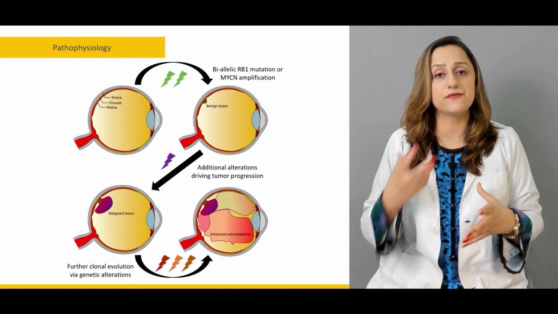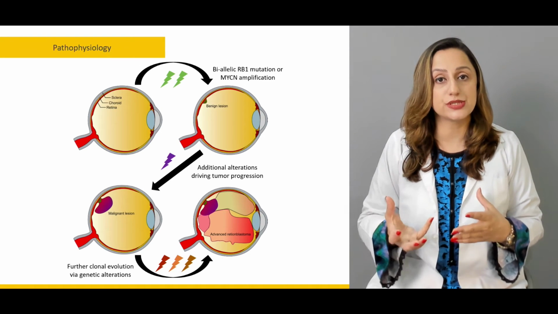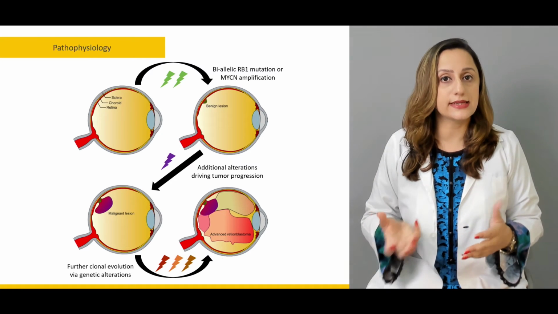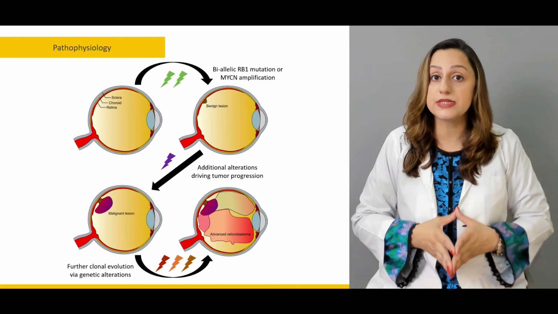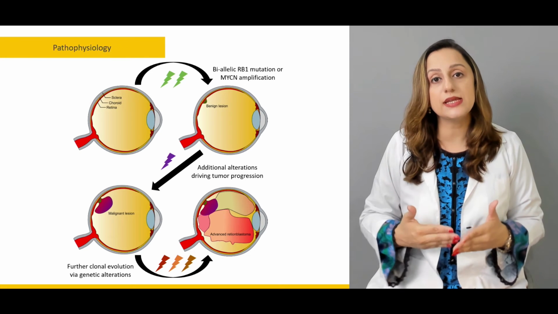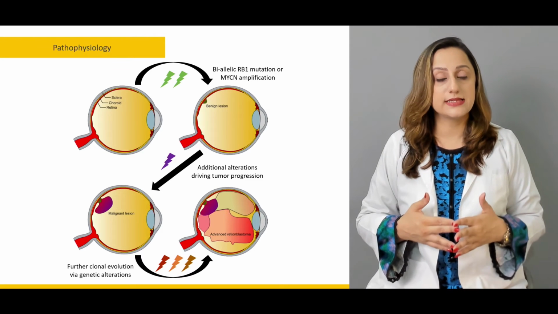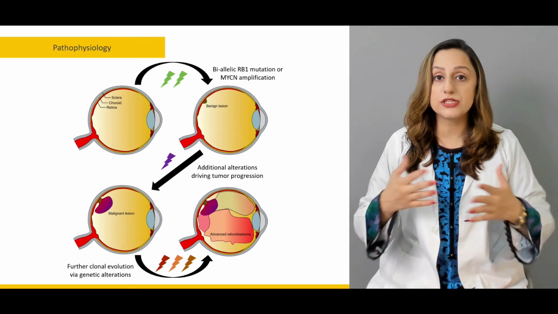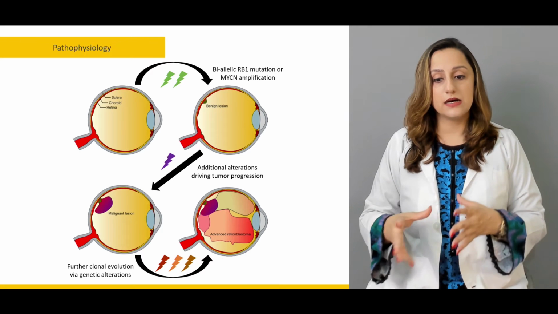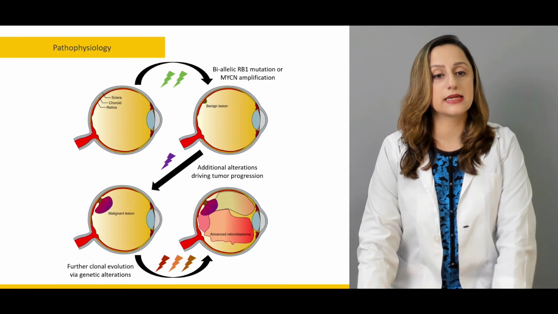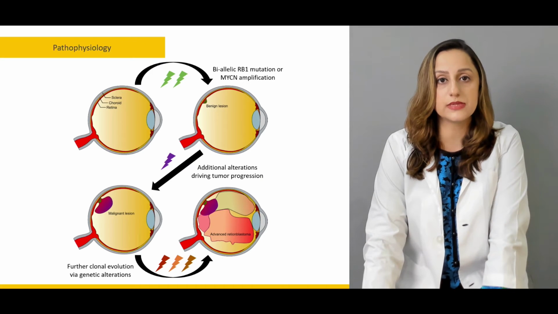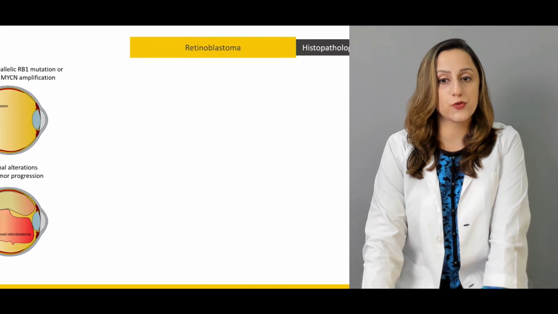Whenever we use the word alterations, it means it's not just the mutations, it can be the deletions that can occur at the genetic level, and obviously the clinical picture of a patient in which a genetic deletion has occurred would coordinate with a syndromic picture for that baby. So all of these advancements can occur after the benign lesion occurs, and there are further enhancements for the clinical syndromes in these patients.